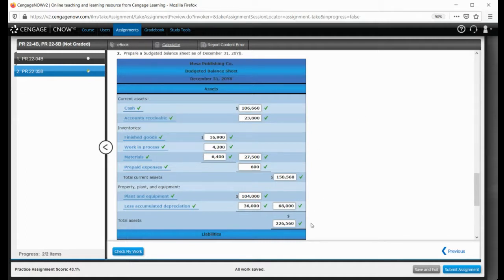So this is how you complete the asset section of the balance sheet. Do I have any questions about anything that we've got here?